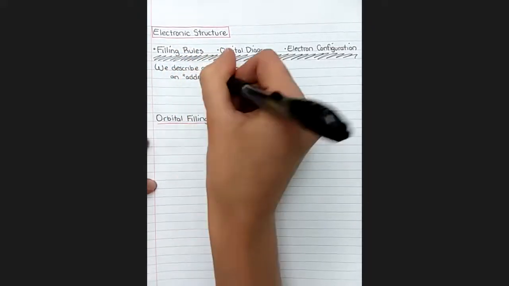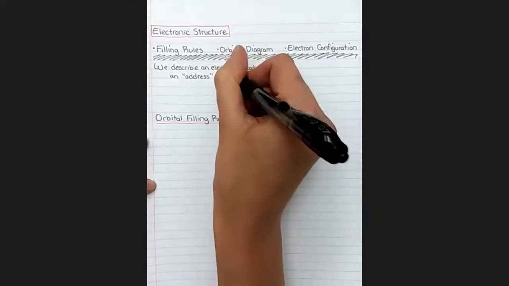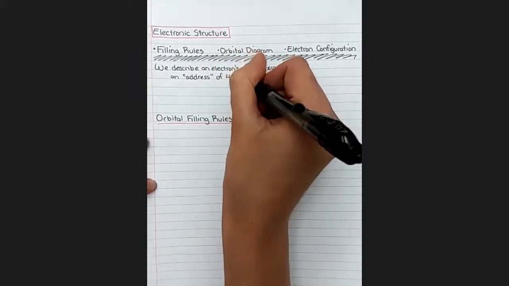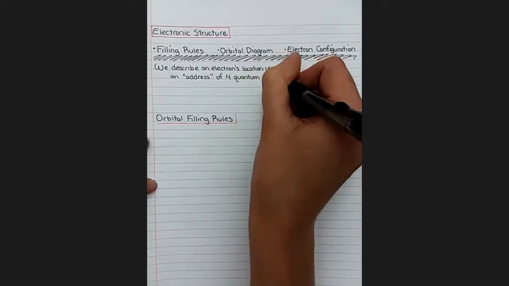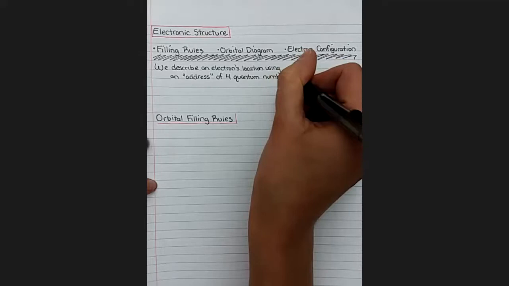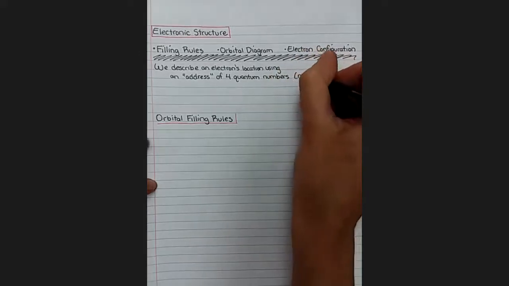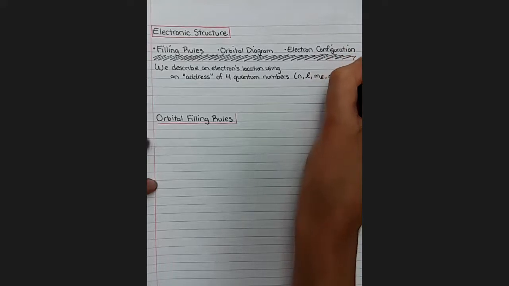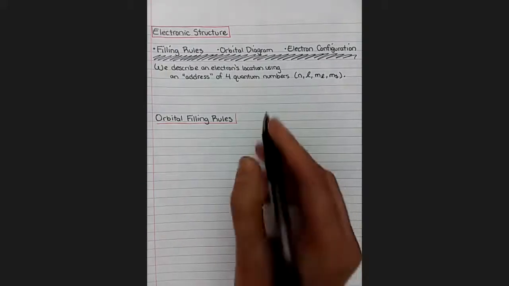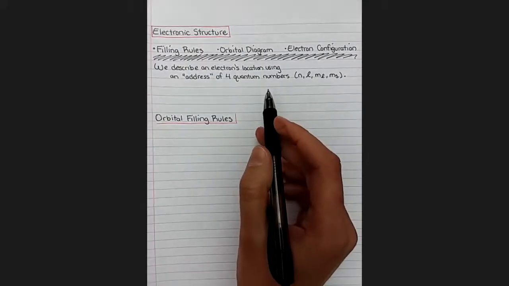And that electron address contained 4 parts, 4 quantum numbers. And those quantum numbers were n, l, m sub l, and m sub s. And with those 4 pieces of information, we could specify a specific electron in a specific orbital.